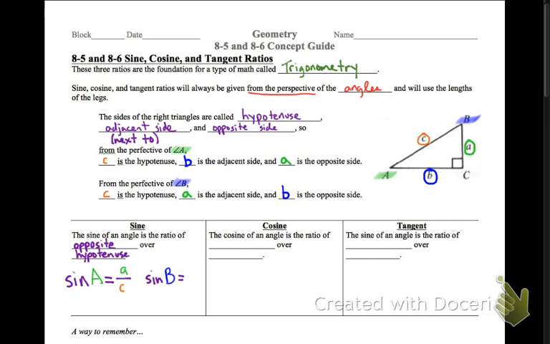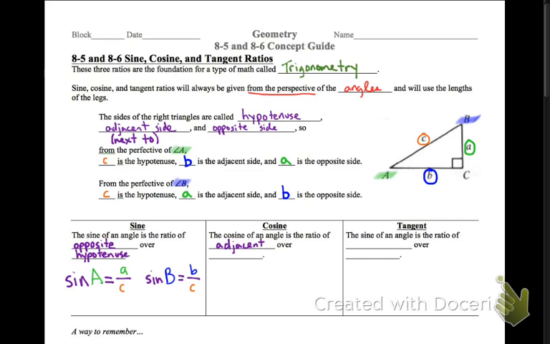What is the opposite side for angle B? B over the hypotenuse, C. So it changes depending on which angle you're talking about. So the sine of A is A over C. The sine of B is B over C. Okay? Hang with me here. Repetition will help you out a lot.